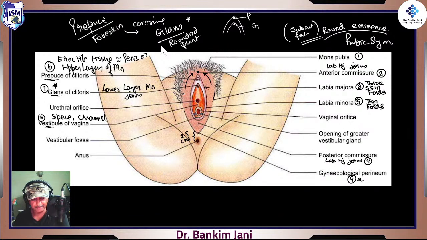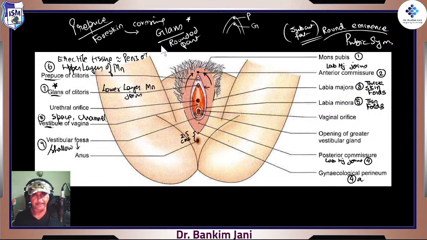Now in this space, the major difference between male and female: in male there is only one passage for urine as well as reproduction. However, in case of females, they both are different, right? So here, the vestibule of vagina is the area, and then there is a fossa on the posterior aspect, a shallow depression.